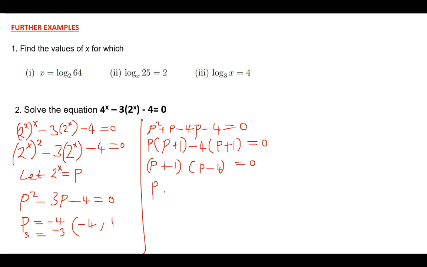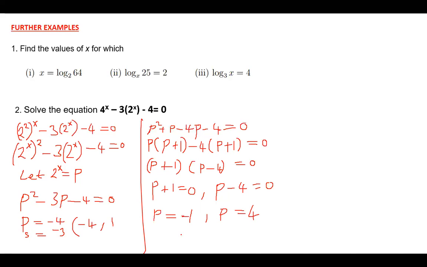So we have p plus 1 equal to 0, and p minus 4 equal to 0. So p is equal to -1, and this other p is equal to 4.